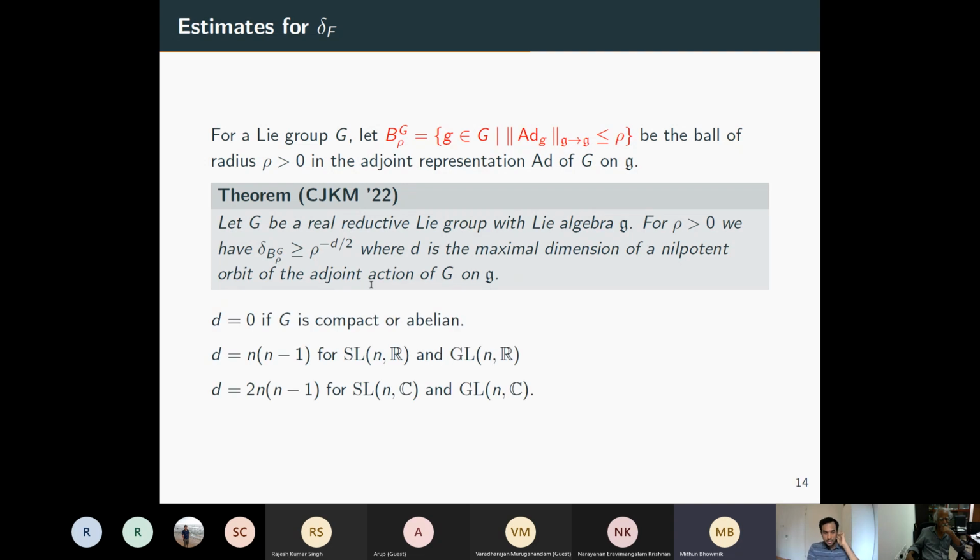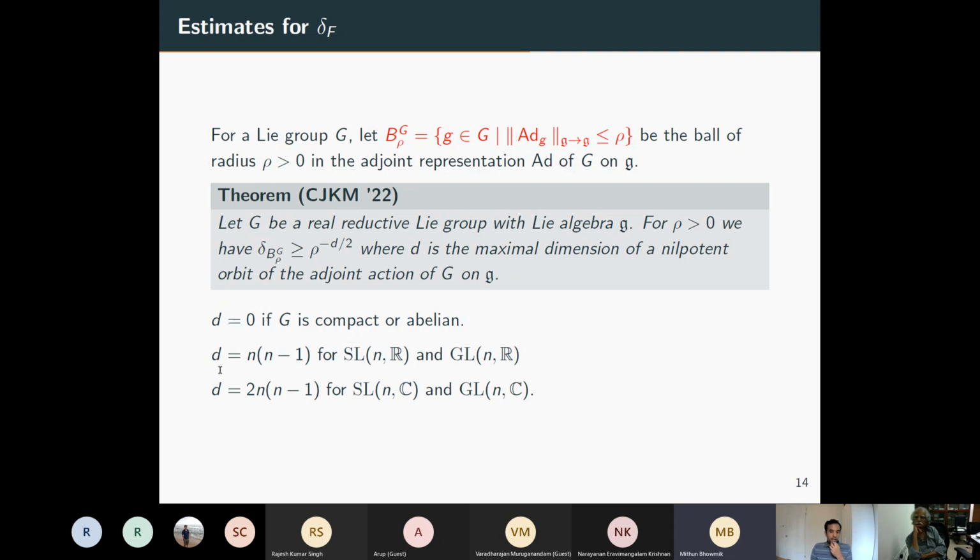So for instance, if the group is compact or abelian, D is in fact 0. So you get delta is greater than or equal to 1. And this fits with the fact that abelian groups, for instance, have this small almost invariant neighborhood property because everything is invariant under conjugation.